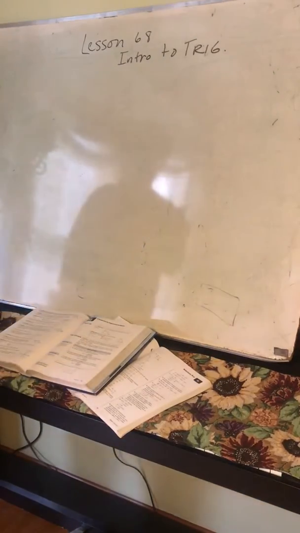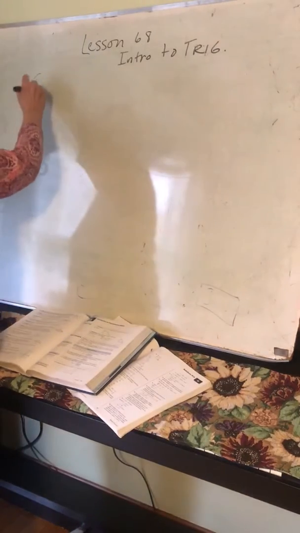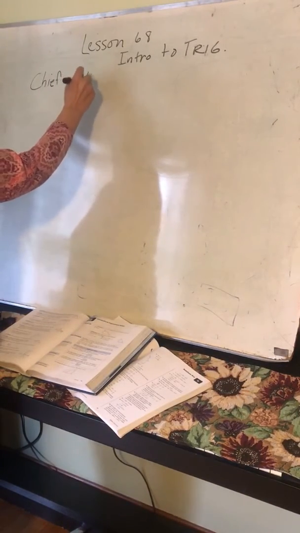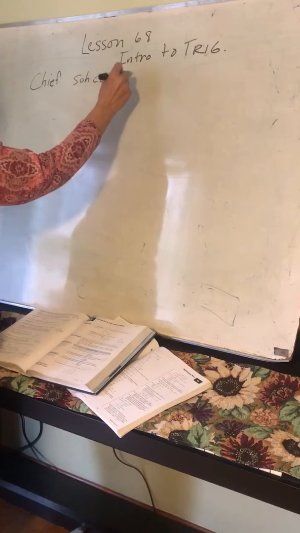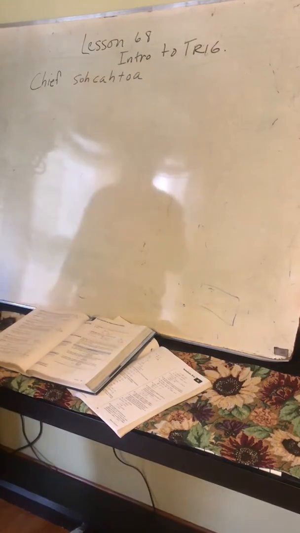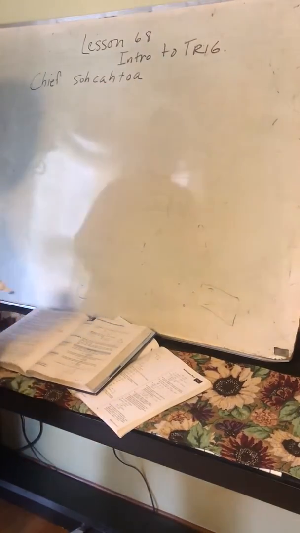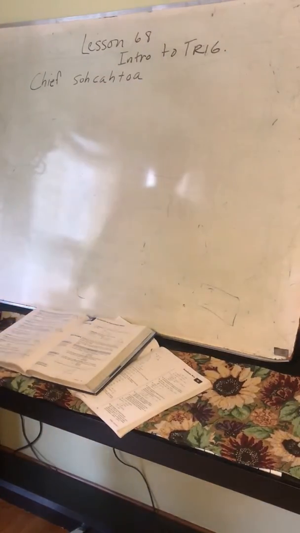The easiest way to remember them is SOHCAHTOA. This is the easiest way to remember the three trig ratios.